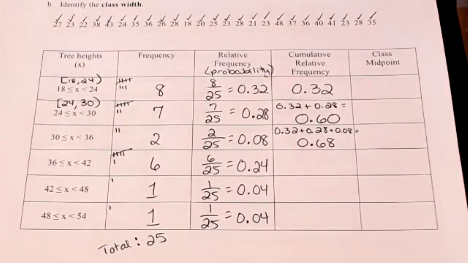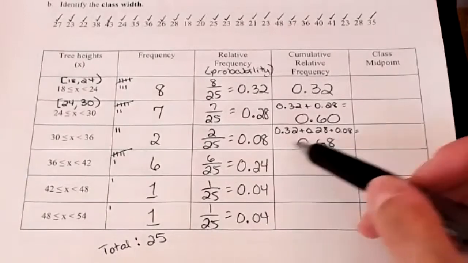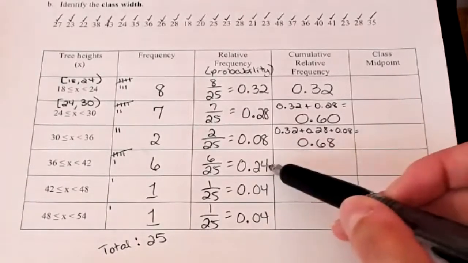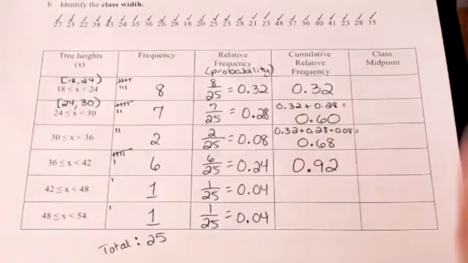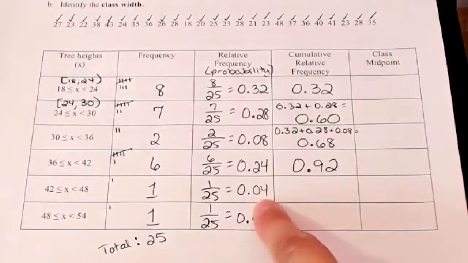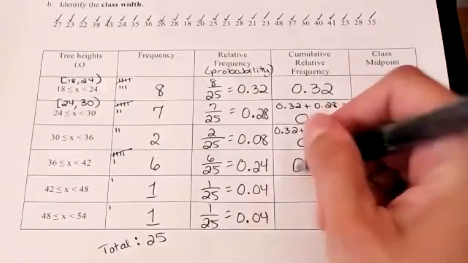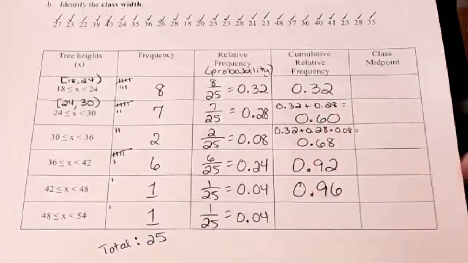What's 0.68 plus 0.24? 0.92. Beautiful. Take the 0.92, add 0.04. That's going to give you 0.96.